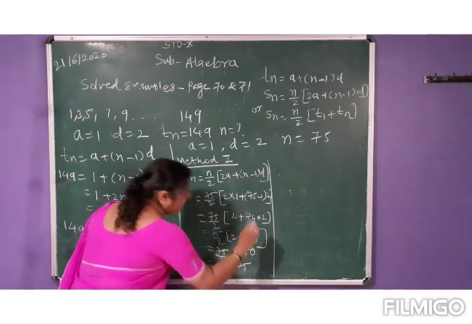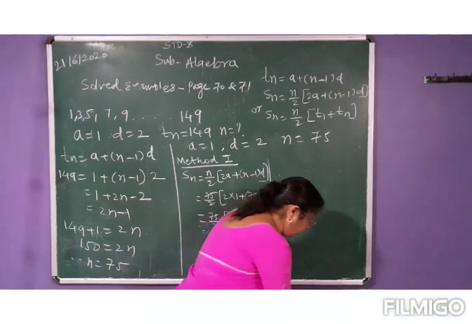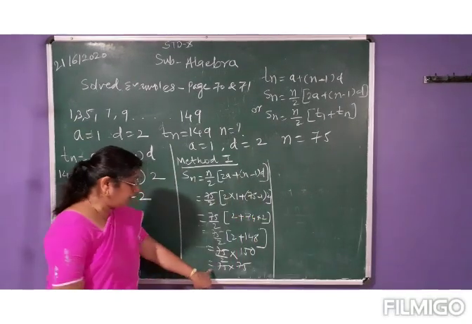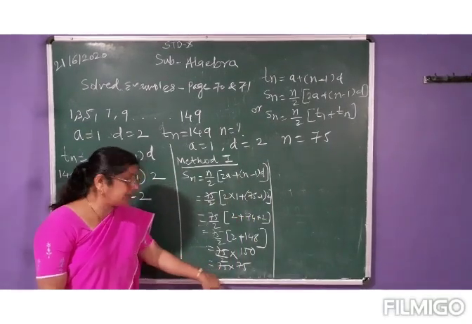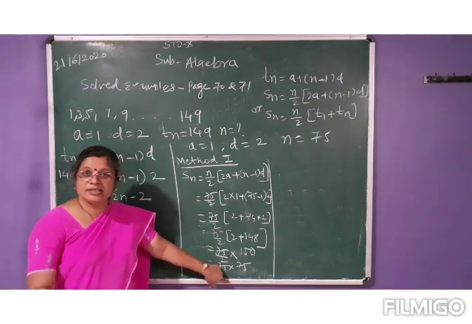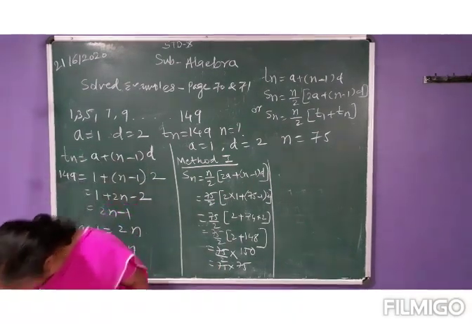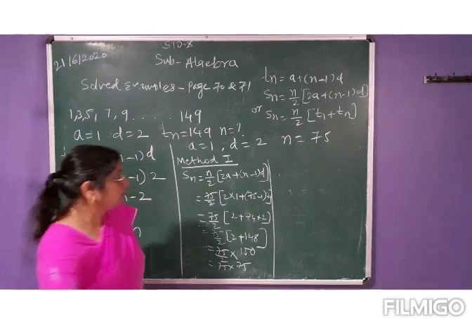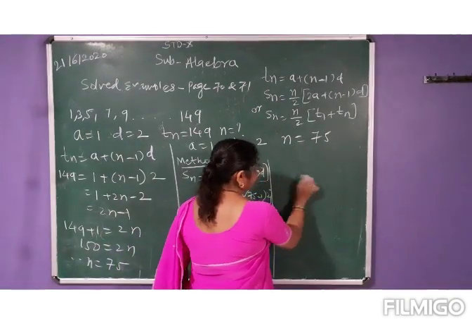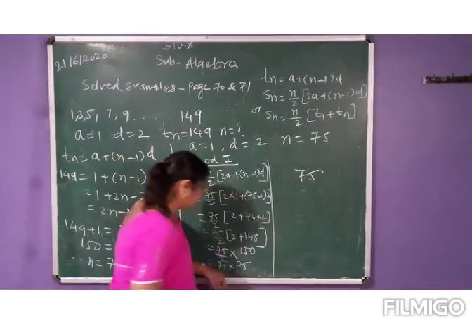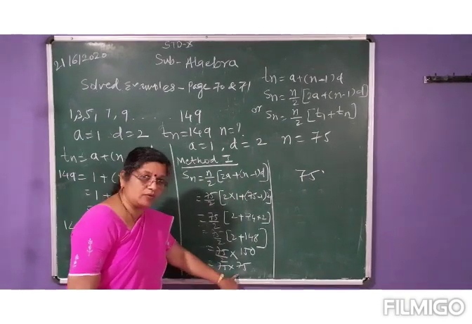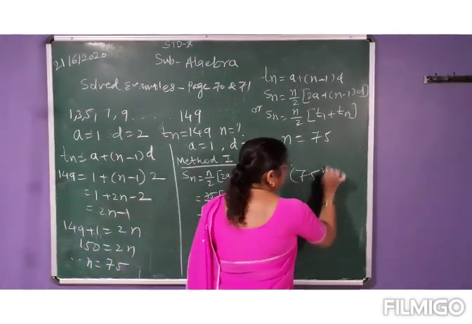75 into 75. Now see, here I want to tell you how to do this. Again it is difficult to multiply, so I just want to tell you one trick over here, how to find the square. 75 into 75 means 75 square, right? So how to do the square?